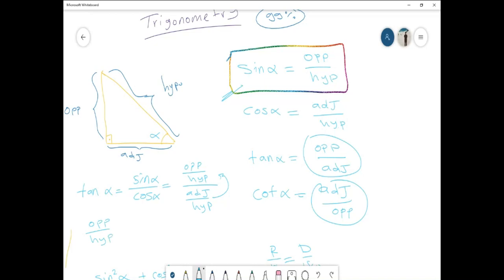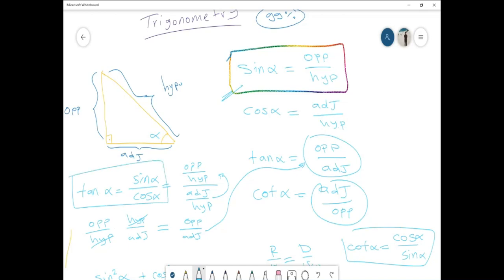And when I take this here, it will be reversed. I will flip it over. It will be opposite divided by hypotenuse multiplied with hypotenuse divided by adjacent. Am I right? So this will cancel out. So the outcome will be opposite over adjacent, as we wrote here.